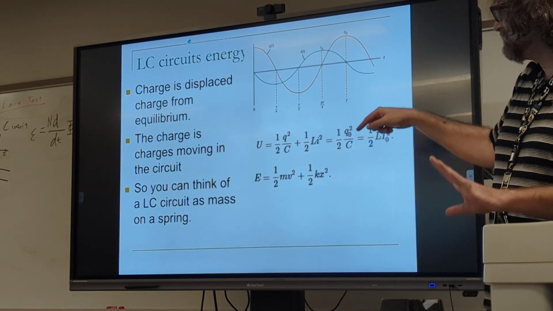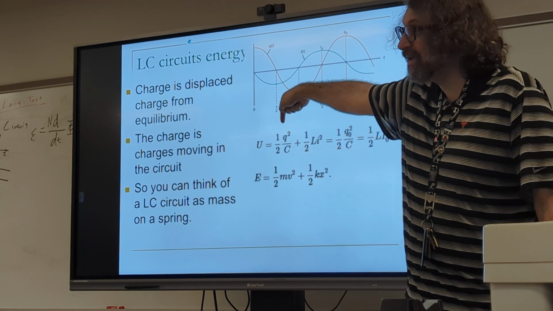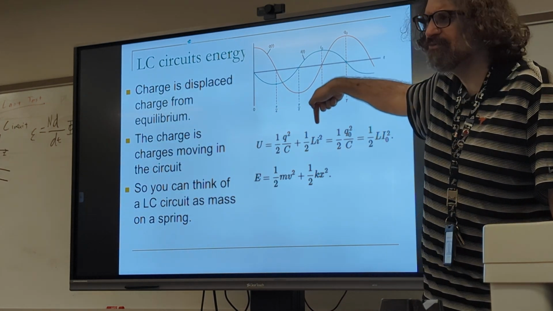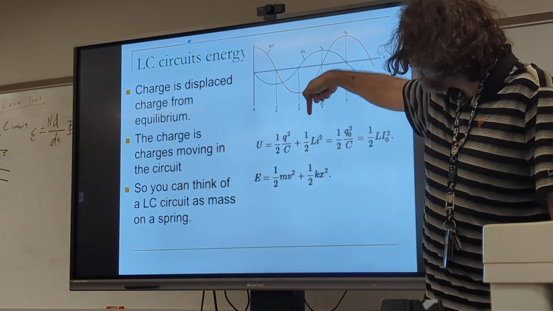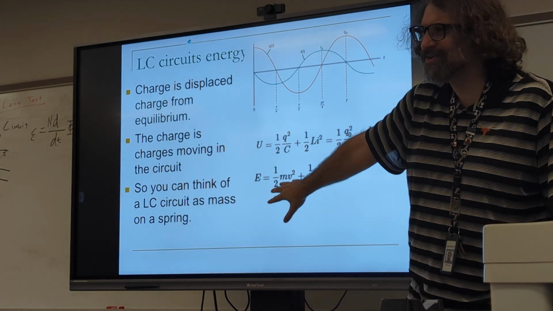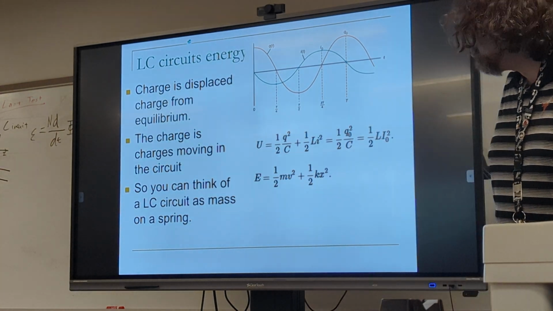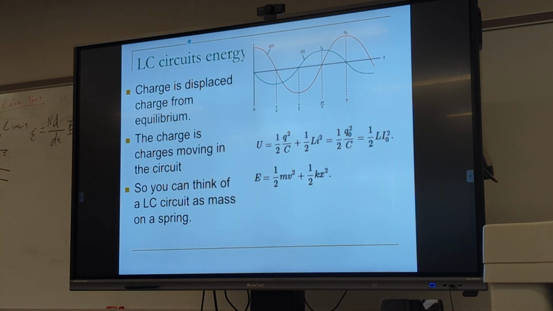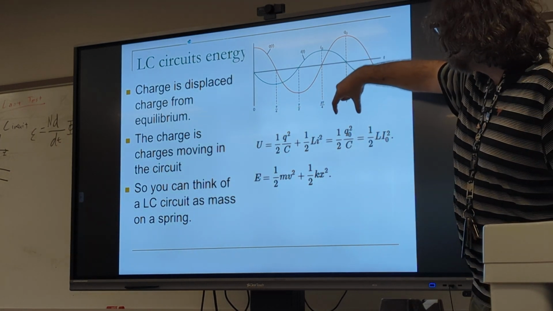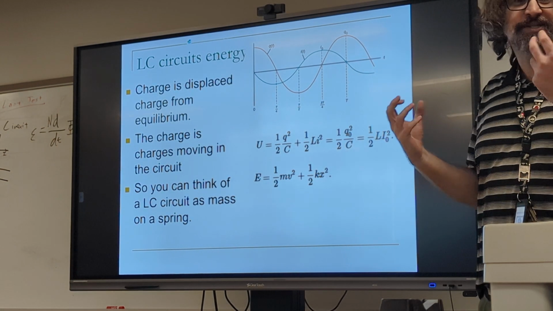But wait a second. This is a displacement. This is a movement. Think about a mass on a spring. What are the two energies that are there? You can think of your capacitors as potential energy.